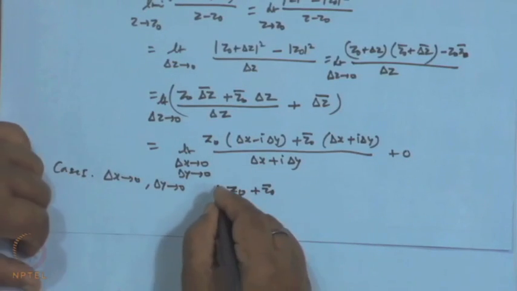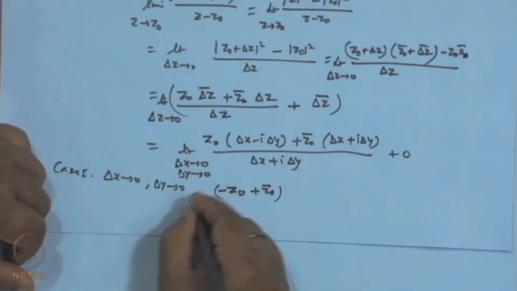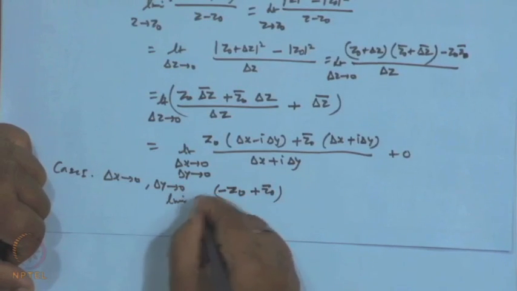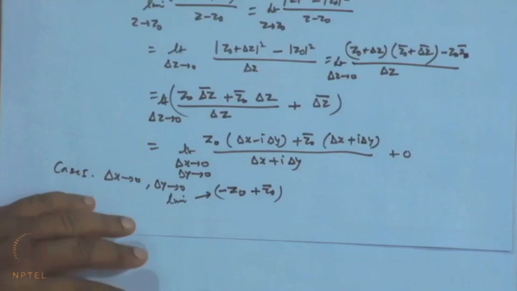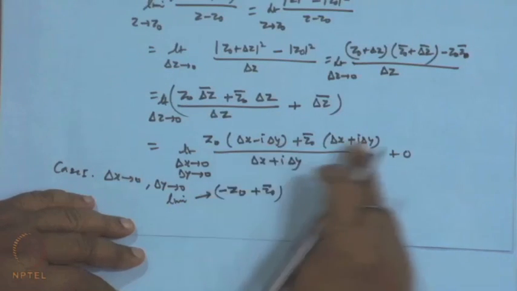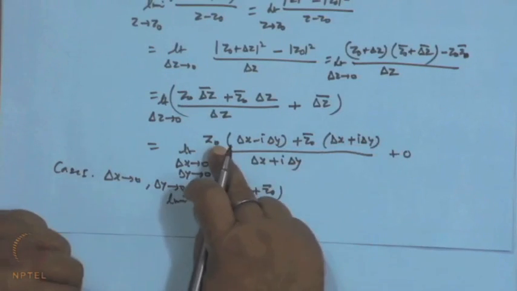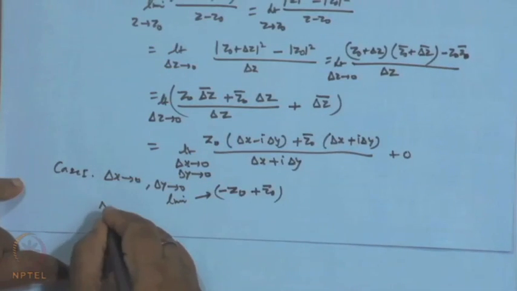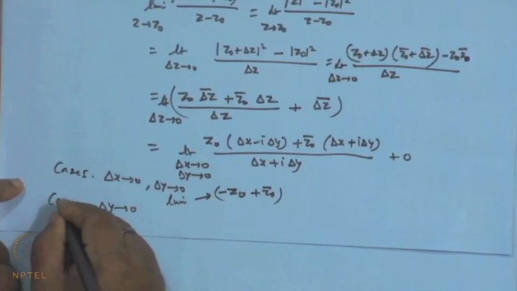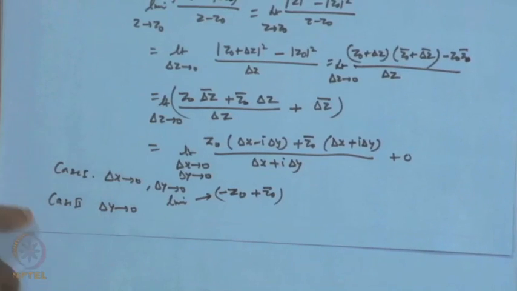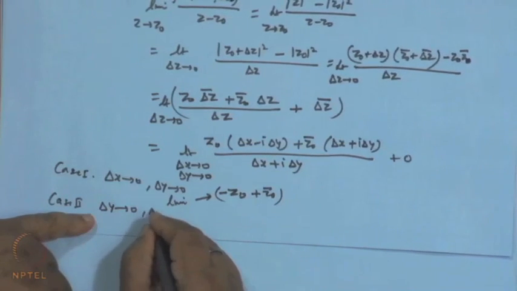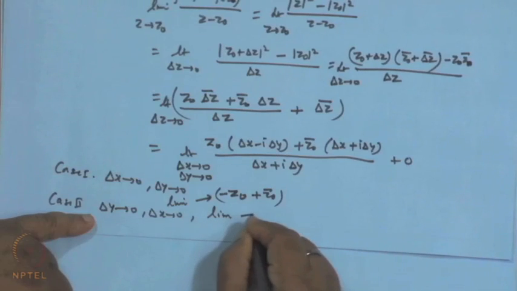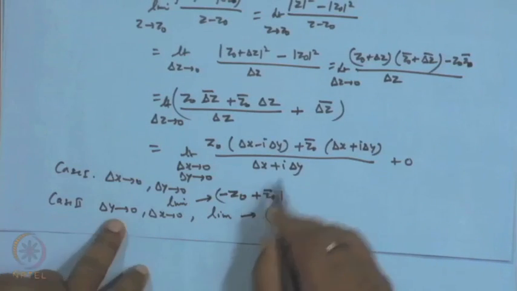So, this will be the limit. Is it not? By i delta y gets cancelled from here and minus z naught, or here this z naught. And when delta y goes to 0 first, and then delta x goes to 0, then the limit will come out to be, now delta y goes to 0 first.